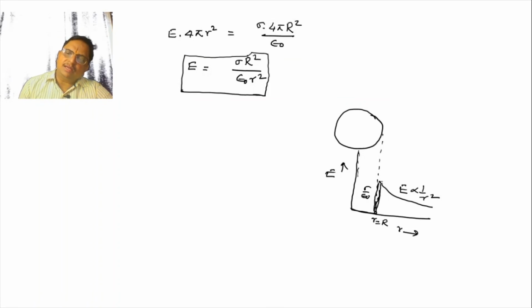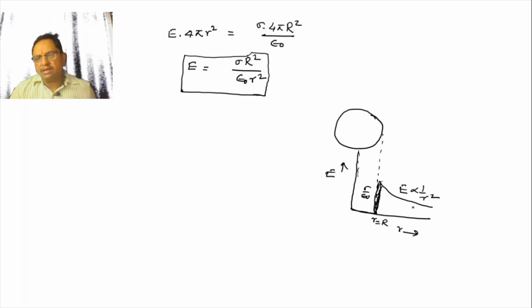This way you will get the electric field intensity due to a spherical shell. With the help of this you can calculate the electric field intensity of any spherical shell which does not have a volume.